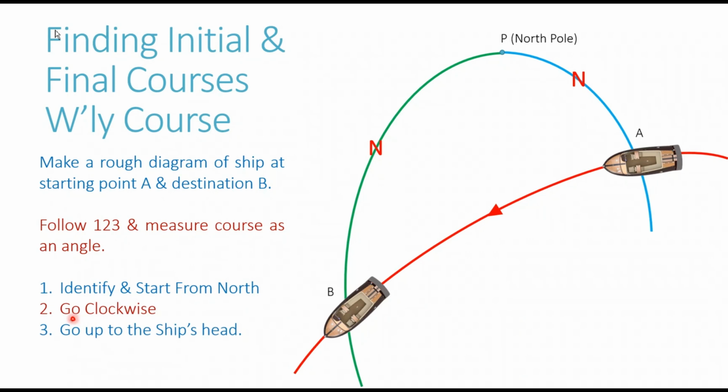Now the second step is from this northerly direction, we go clockwise and we go up to the ship's head. So at our position A, starting from the northerly direction, moving in the clockwise direction, I go up to my ship's head. So this light blue color arc and arrow shows us the initial course of the ship.